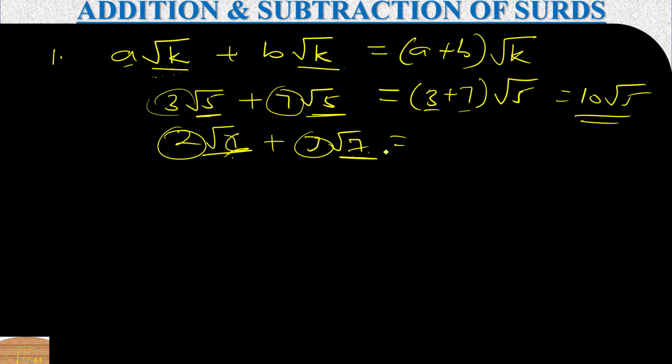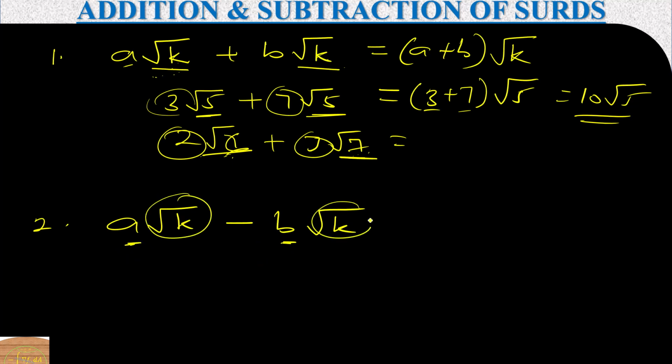All right, take note. Number 2, we have a√k minus b√k. They have the same form, so we can subtract. So we have a minus b.